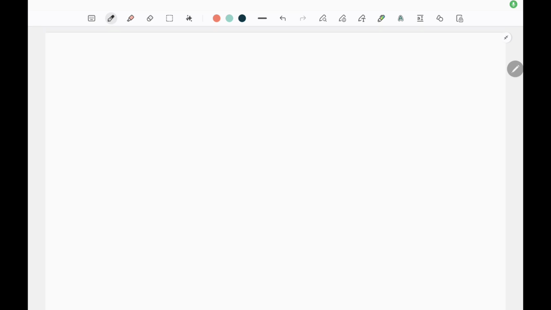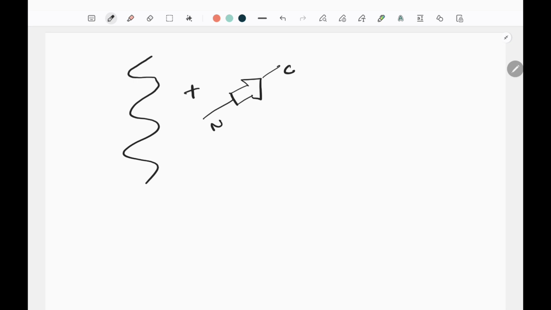The alpha helix is usually symbolized by this sort of structure, right? But your beta sheet is usually shown like this with a certain direction. So for example, if this is the N terminal and this is the C terminal, the beta sheet will be shown by this arrow. My arrow is a bit bad.